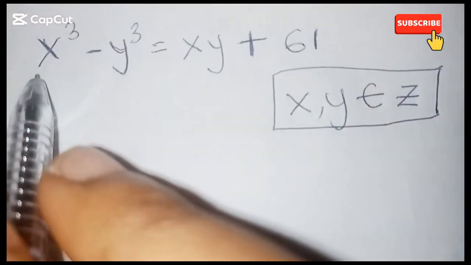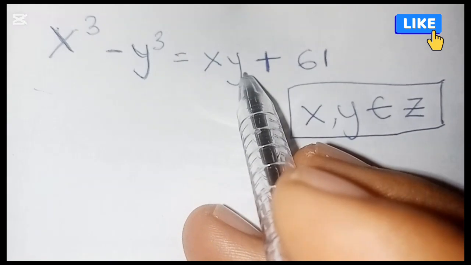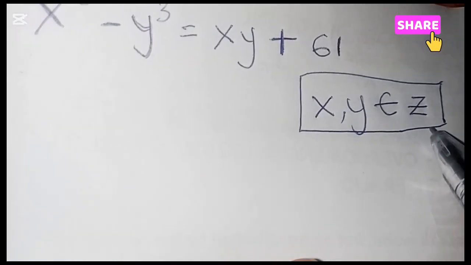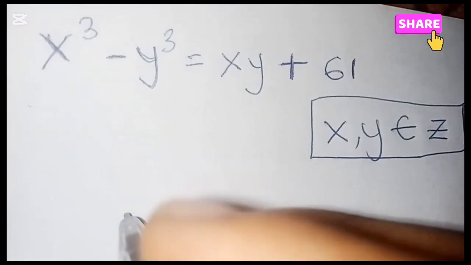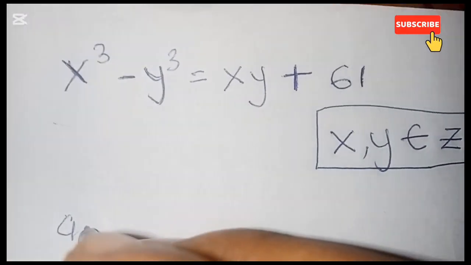Okay, so we have x to the power of 3 minus y to the power of 3 equals xy plus 61, where x and y are members of the integers. So let's expand this using the rule.